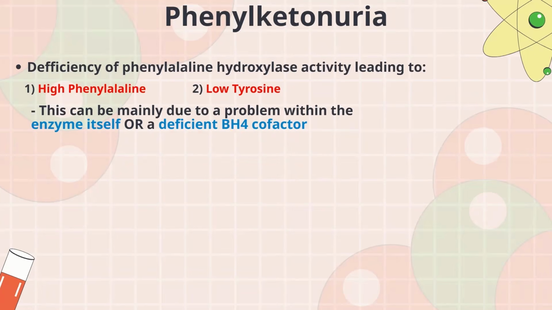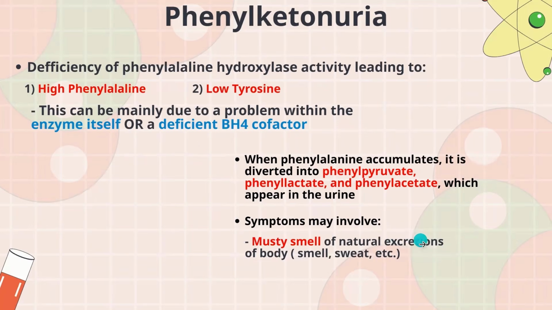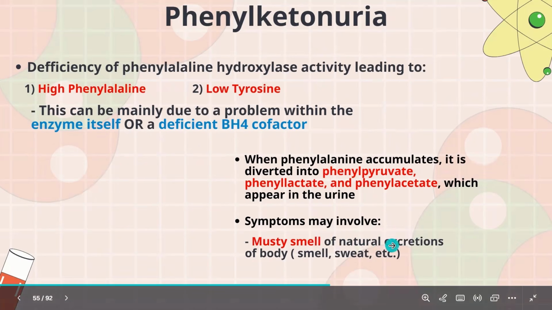Apart from that, phenylalanine can accumulate, and instead of forming tyrosine, it is diverted to form phenylpyruvate, phenyllactate, and phenylacetate. All of this is going to appear in urine instead of our normal levels. Symptoms will involve a musty smell in the body's natural excretions, like sweat and urine. There's a musty smell.